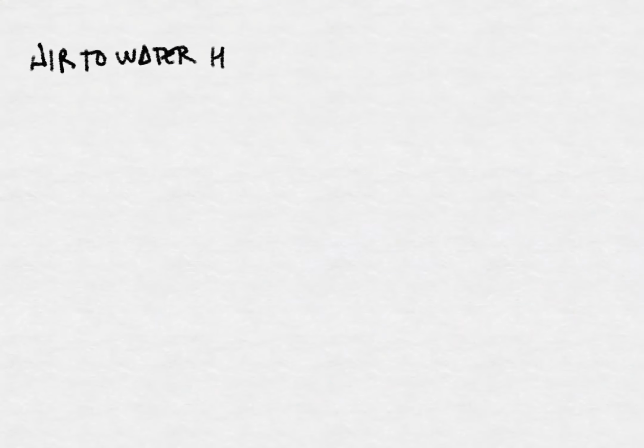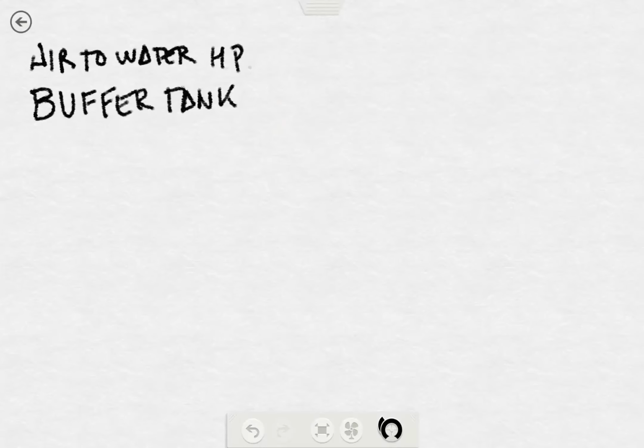Let's say that we have an air to water heat pump. Okay, this is the first element. The second element is a tank, let's say a buffer tank. The third element is an expansion tank.